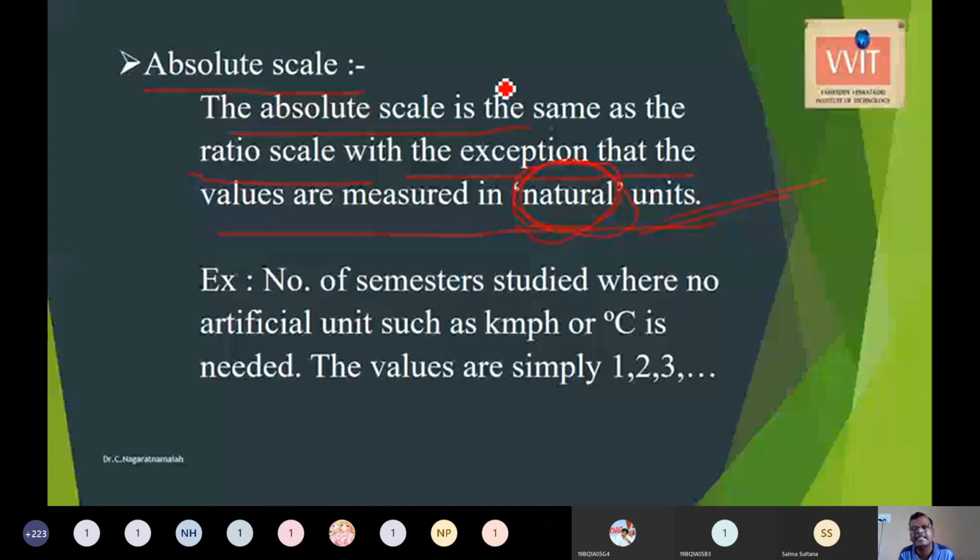For example, the number of semesters studied, where no artificial unit such as kmph or degrees is needed. The values are simply 1, 2, 3, 4 like that. This is the absolute scale.